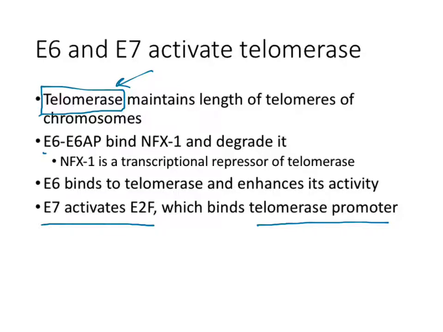And E6AP with E6 together will bind to a repressor of telomerase. So in conjunction, E6 and E7 are going to promote the transcription and ultimately translation of telomerase, allowing for the maintenance of the genomes and maintenance of those telomere lengths.